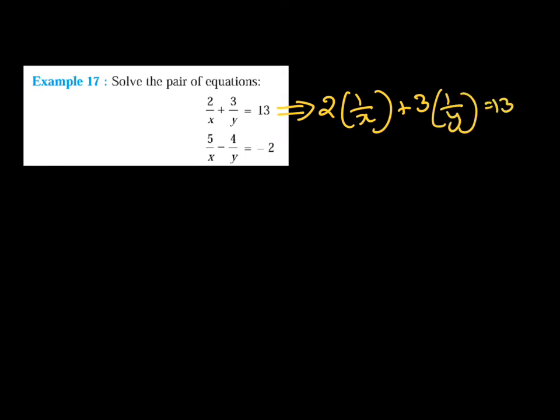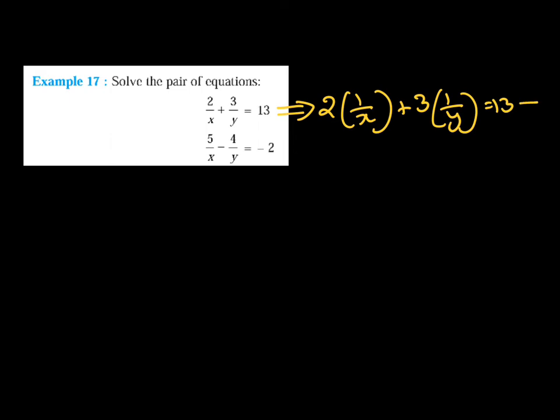Let's try this. Solve the pair of equations 2 over x plus 3 over y equal to 13, 5 over x minus 4 over y equal to minus 2. Can I write this equation as 2 times 1 over x plus 3 times 1 over y equal to 13?